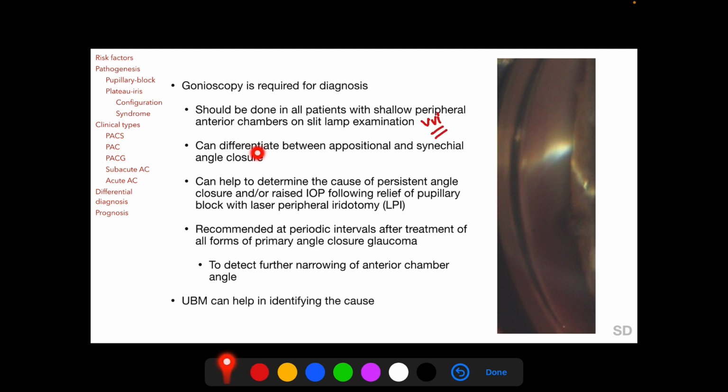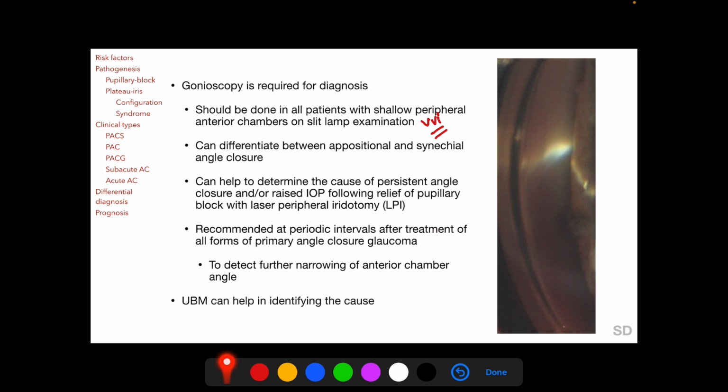We can differentiate between appositional and synechial angle closure by indentation gonioscopy with a 4-mirror gonio lens. If there is persistent angle closure or raised intraocular pressure following laser peripheral iridotomy or LPI, gonioscopy can help us to determine the cause of the persistent angle closure, and we'll be discussing these causes further in this session.